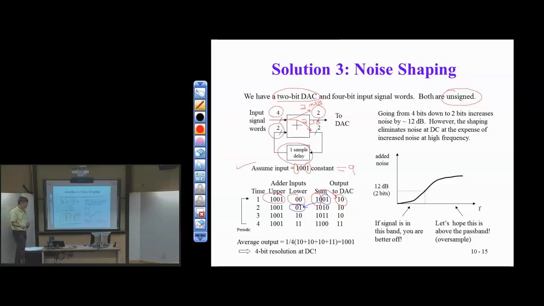Next time comes around, we get a new input sample. That new input sample is still 9, or 1001 in this unsigned binary format. I add the upper and lower inputs together, and I get 1010, so now I have 10. So the upper 2 bits, again, go to the output, and the lower 2 bits are fed back.